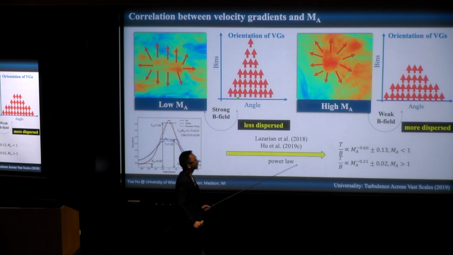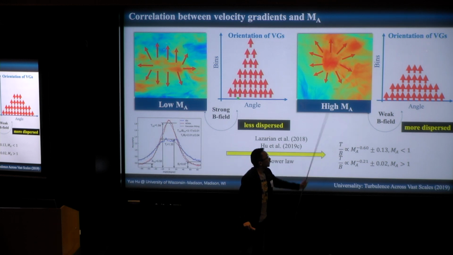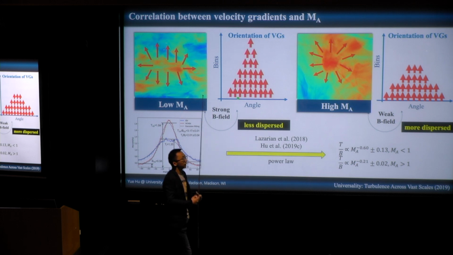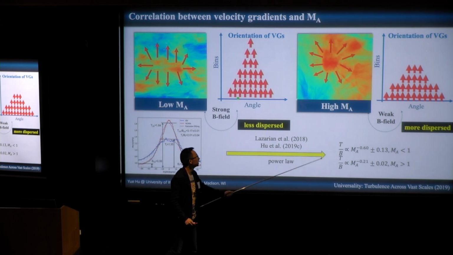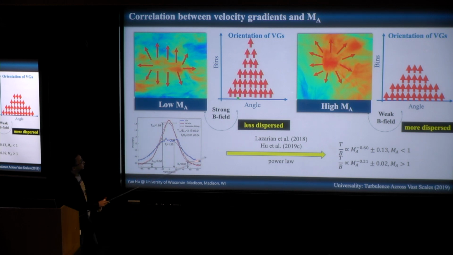However, for a weak magnetic field case, the orientation of velocity gradients gets more dispersed. And we find there is actually a clear power law between the M_A and the histogram of the velocity gradient orientation. Here T is the maximum value of the histogram and B is the minimum value.